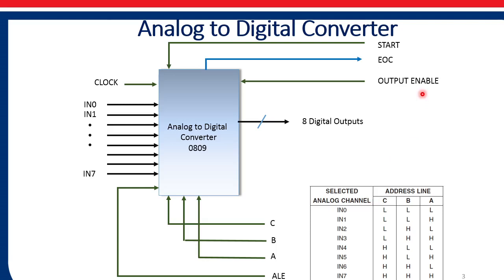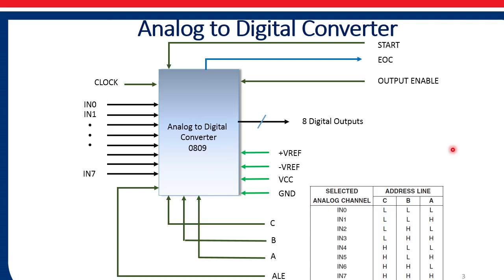So when this signal, output enable, is given to the ADC, the converted data will be available on the output of the ADC, which can then be read by the microcontroller or microprocessor. Apart from the control signals, we have a few more lines, which are VCC, ground, and 2 lines for providing the reference voltages.